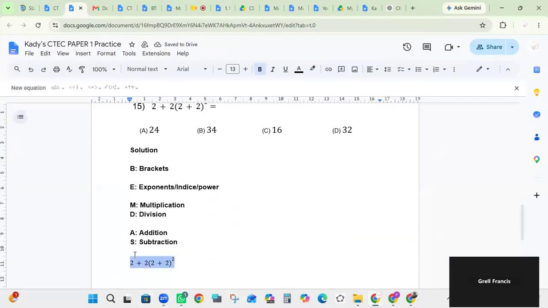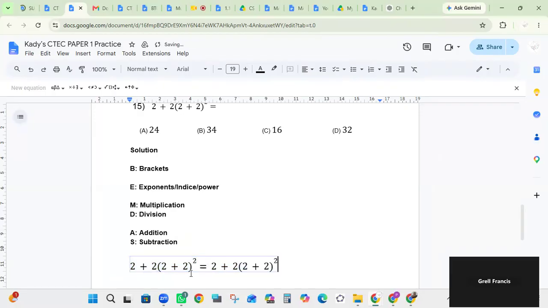Okay, so we're going to apply BEMDAS, commonly known as BODMAS, but I prefer BEMDAS for the E. So when we look at this, we focus inside the bracket first. Start with whatever is in the bracket. So what do we have inside the bracket? 2 plus 2. 2 plus 2 is 4.